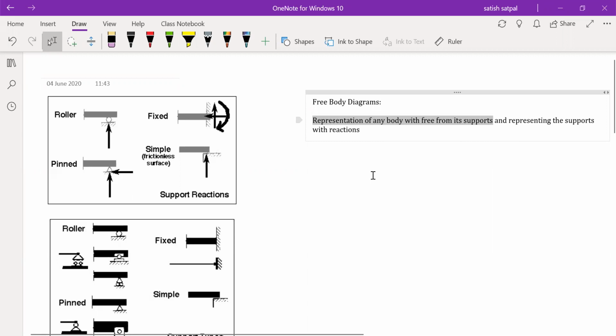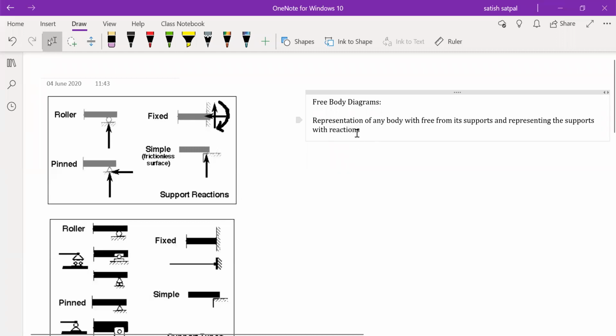Okay. Technically, the definition we should write is this one. The initial definition one of the students gave was representation of a body with forces, but those forces can be externally applied forces also. From that definition, it is not clear which forces are there. Those forces are nothing but reactions.